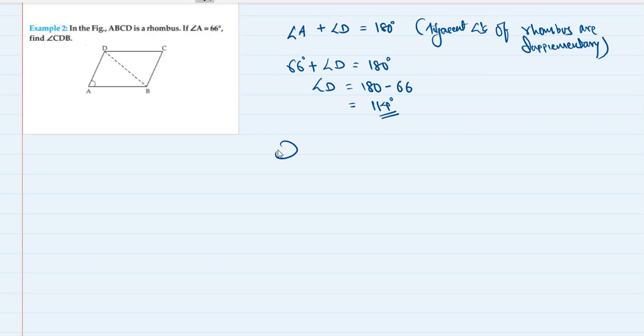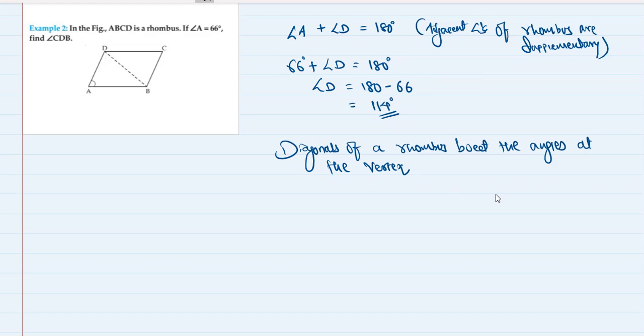Now we know that diagonals of a rhombus bisect the angles at the vertex. Therefore angle ADB is equal to angle CDB, which is equal to half of angle ADC.